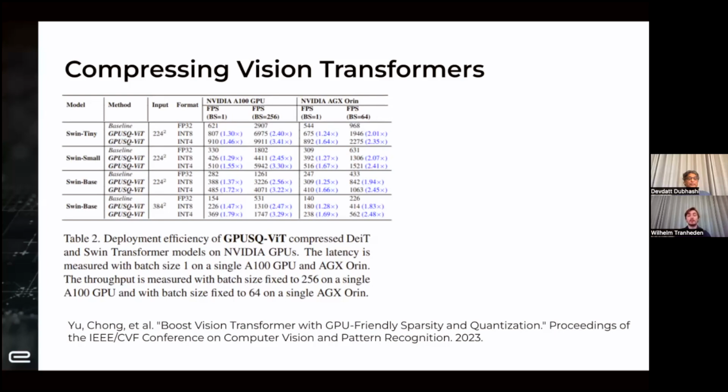So here we see both server grade GPUs, that is NVIDIA A100, and embedded GPUs, that is the NVIDIA EDX Orin here. And we can see that for all these different Swin architectures, there is a clear speed up with these techniques. And the speed up is highlighted in this blue text here. So we see results for both the embedded GPU and the server GPU, how this can help.